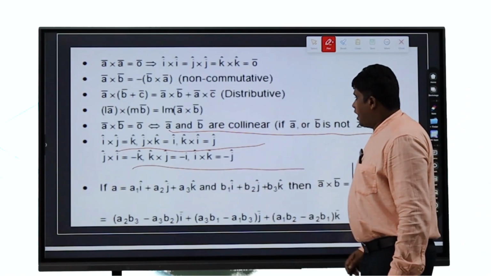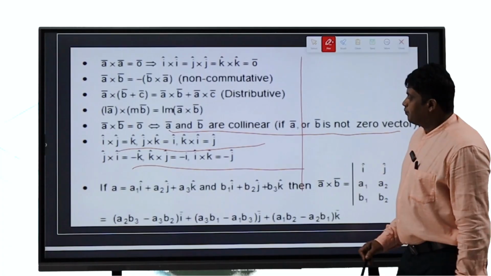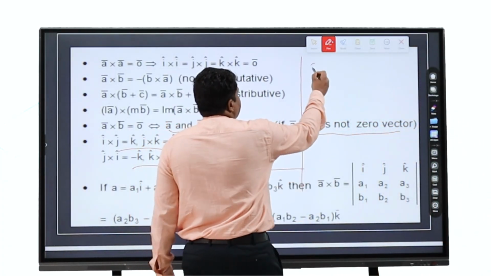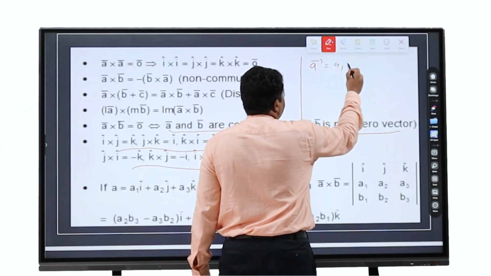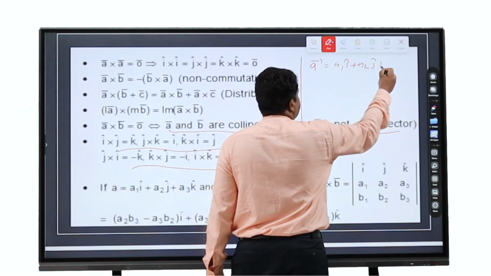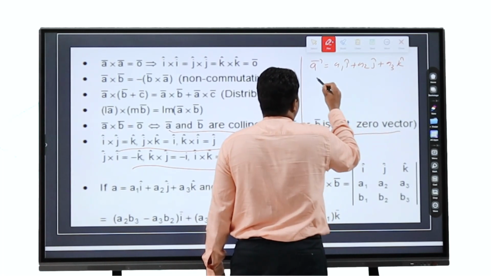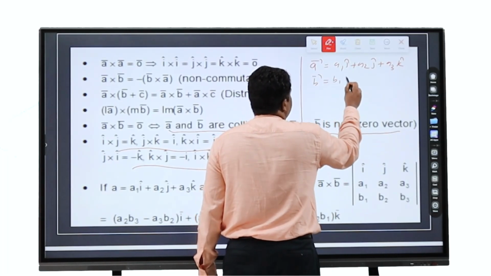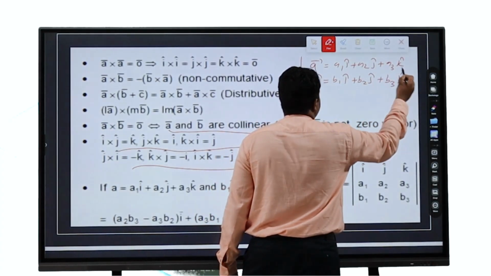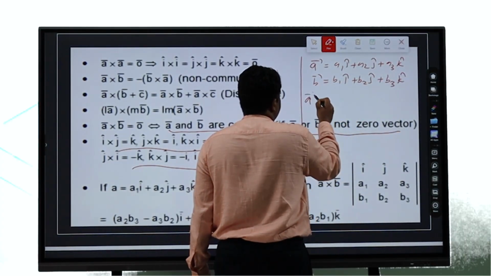Then how can we find a cross b if the angle is not given? Let vector a be equal to a1i plus a2j plus a3k. Similarly, vector b is equal to b1i plus b2j plus b3k. Then what is a cross b?